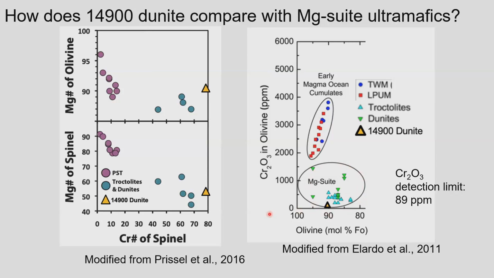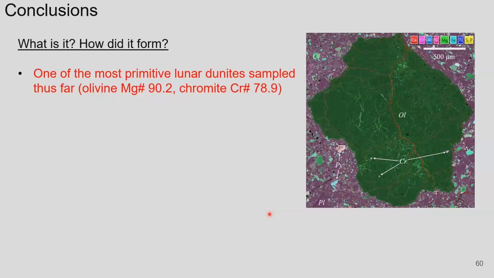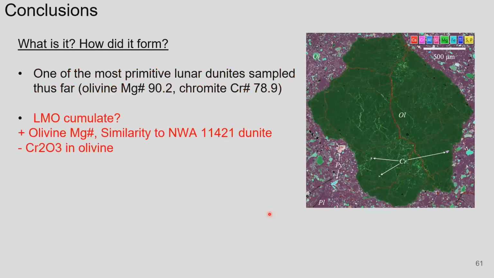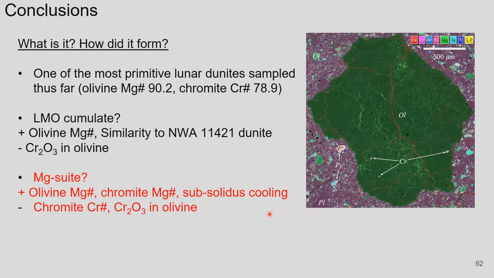So we have some mixed signals in summary as to how you form this Dunite clast. We know that it is one of the most primitive Dunites that's been sampled thus far from its chemical composition, but we don't know if it's an actual cumulate that formed in that lunar magma ocean from the mantle of the moon, or if it could just be an MG suite sample and not related to any of the mantle cumulates.